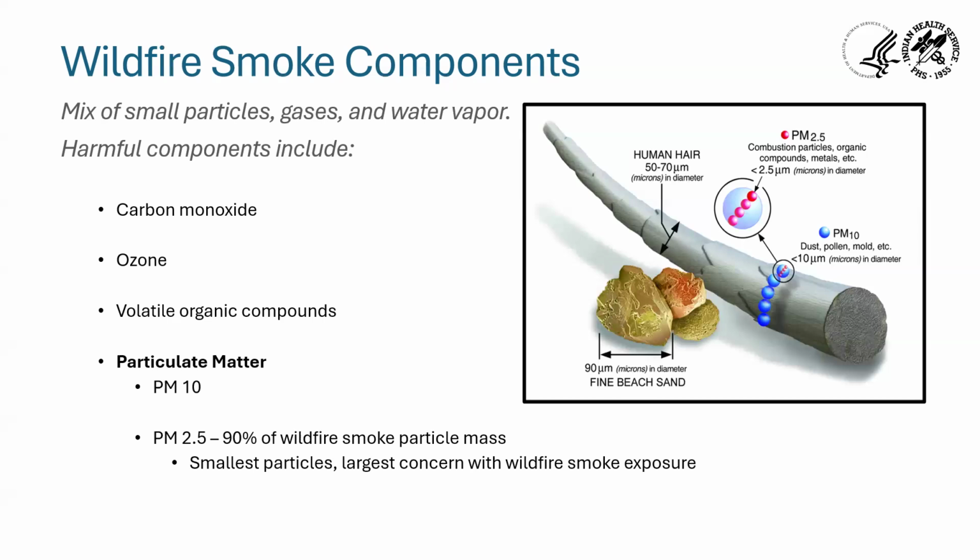And finally, PM 2.5. These are particles that are smaller than 2.5 micrometers in diameter, and this size makes up about 90% of wildfire smoke particle mass. These are the smallest particles, but they are what we're most concerned about in terms of wildfire smoke exposure and the health effects from them.